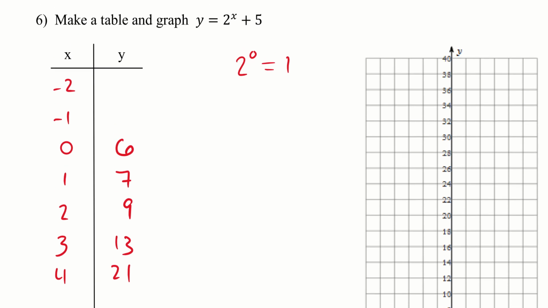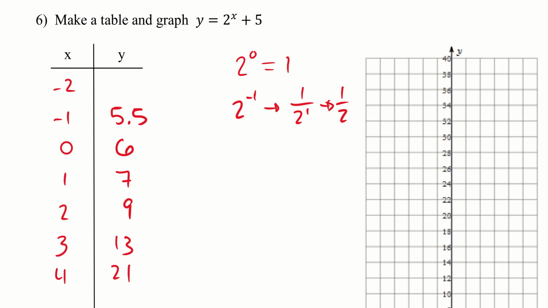If I was going to go 2 to the negative 1 power, that would be a half, right? 2 to the negative first power is the same as 1 over 2 to the first power, which is just the number 1/2. And 1/2 plus 5 would be 5.5.